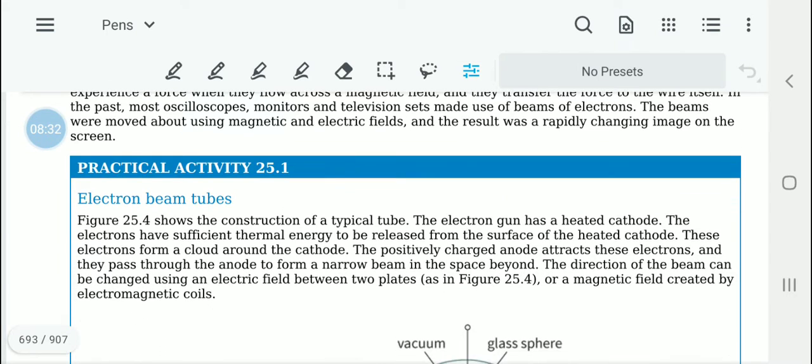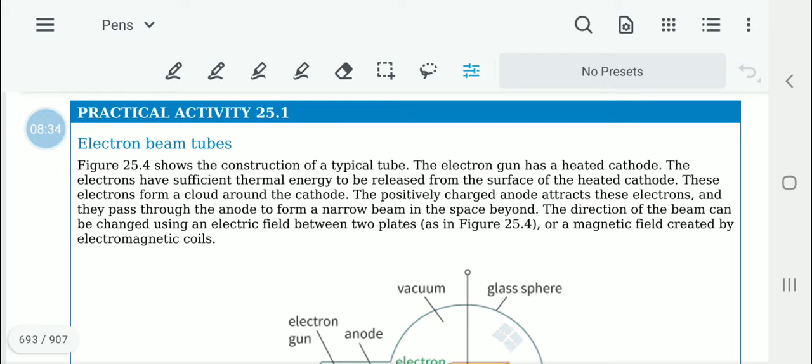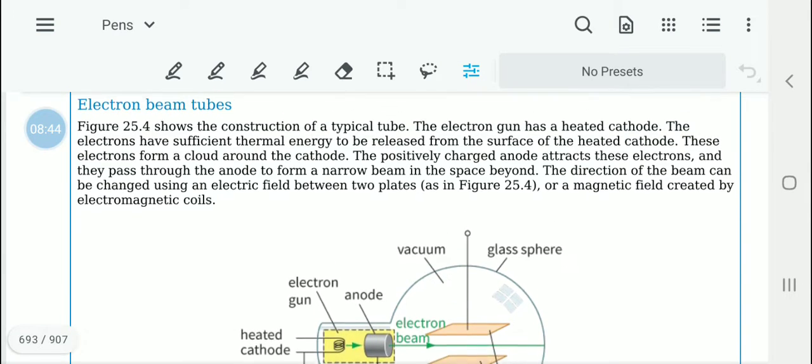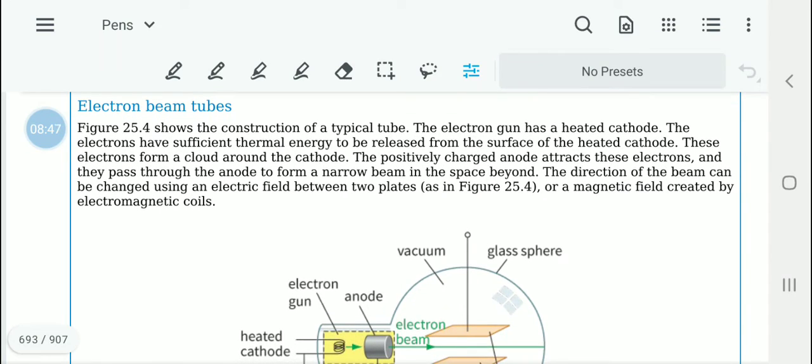So now let's try to see this practical activity and how that gives us the idea of the theory behind this. Here is a vacuum tube that is used to find how the electron beams are affected. This electron beam tube has an electron gun which has a heated cathode.